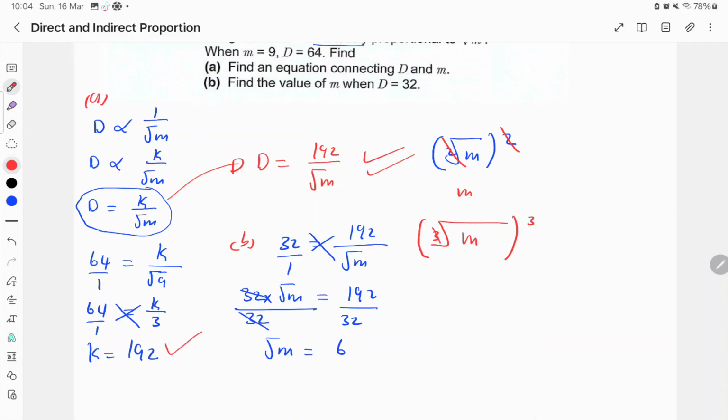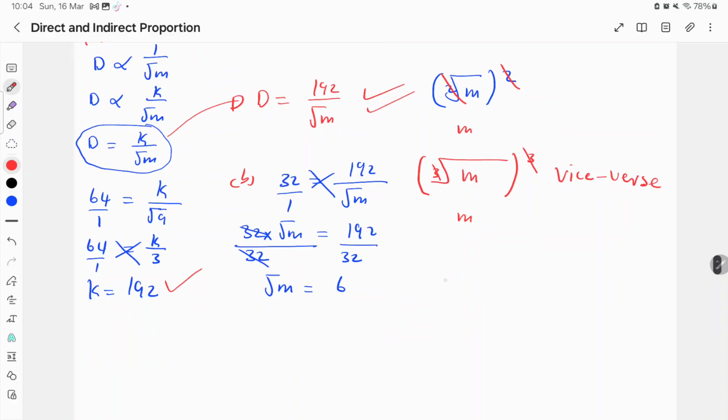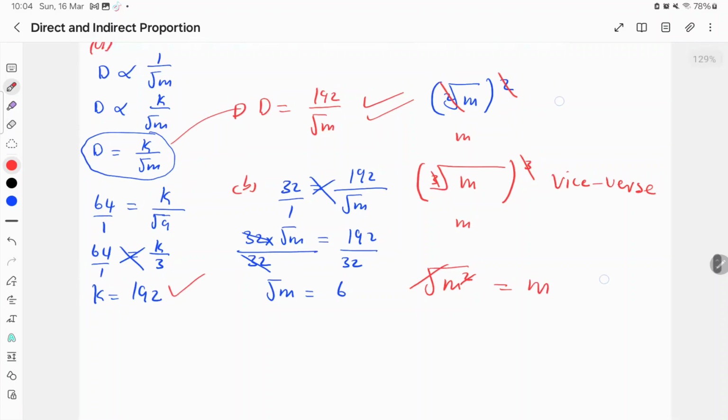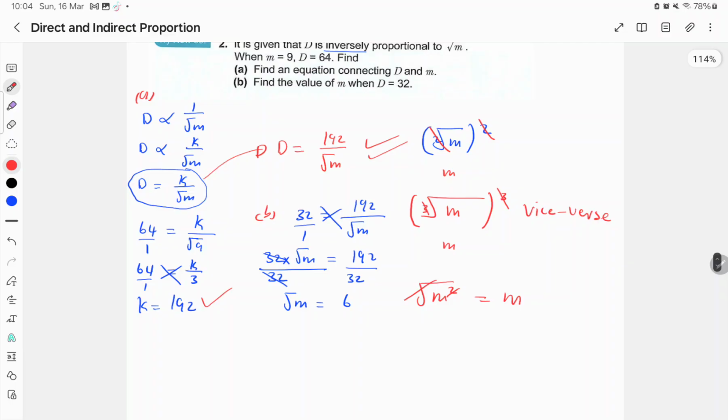Now the 3 and the cube root cancel each other, and then you have M alone. Now that is vice versa. That means in the case where I have M to the power 3 or M to the power 2, and I want to get rid of the 2, I must apply the square root, and then it gives me M. It's vice versa. Okay, the first part of this question is done.